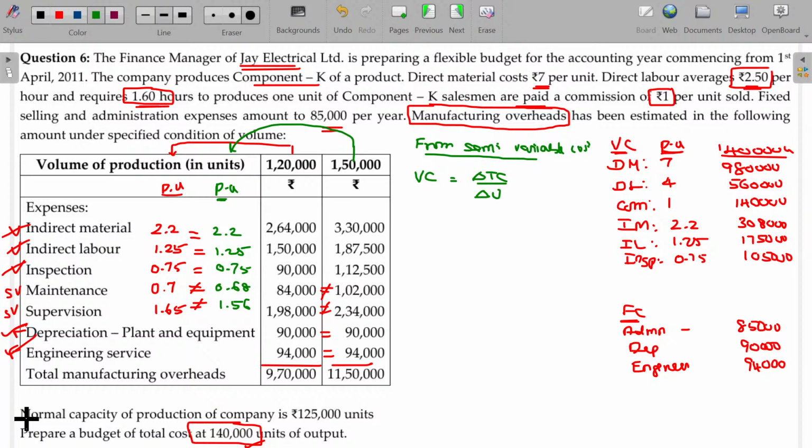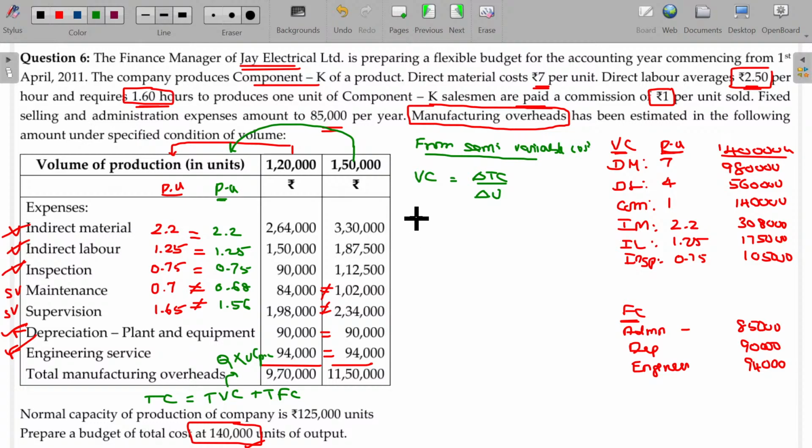You know that total cost comprises total variable cost and total fixed cost. From that formula, you can get the fixed cost also. Total cost is equal to total variable cost plus total fixed cost. Total variable cost, you know, quantity produced into variable cost per unit.